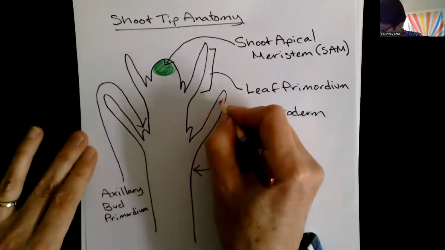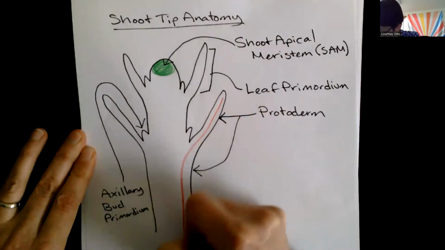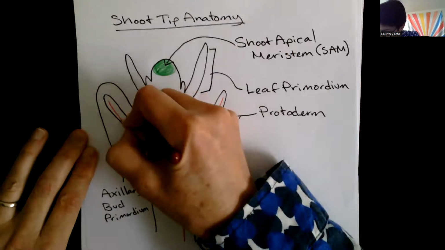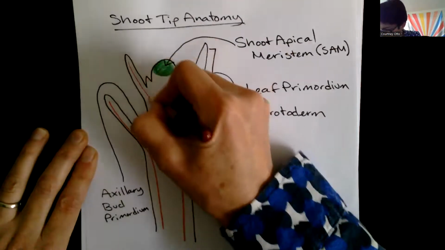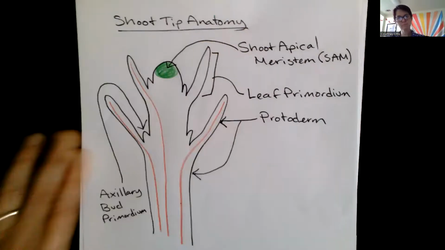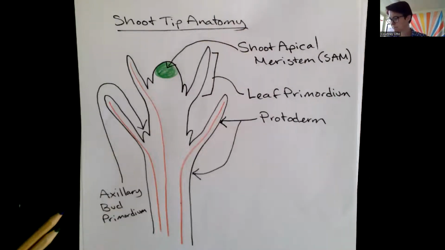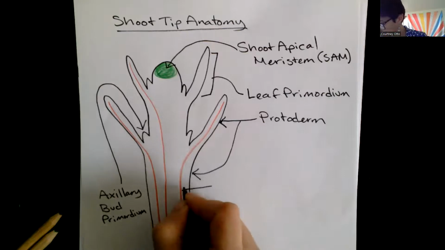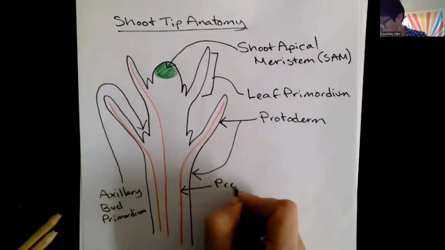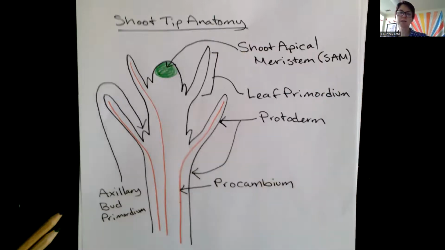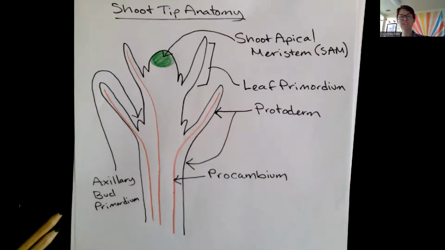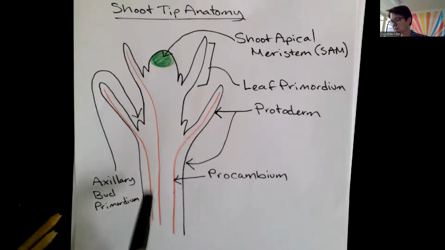So it's going to be running in strands through our developing leaves, through our developing sections of stem. So in red there, I've just indicated the procambium. Just like it did in the root system, that procambium is going to turn into the vascular tissue of the plant, right? In this case, of the stem and the leaves.